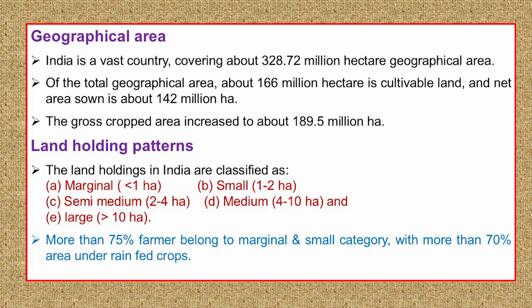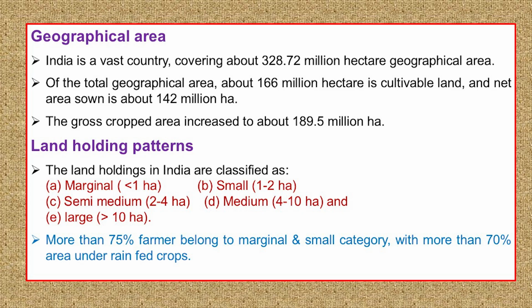Those holding between 1 and 2 hectares are referred to as small farmers. Semi-medium and medium farmers have landholdings of 2 to 4 hectares and 4 to 10 hectares respectively. Farmers with more than 10 hectares are called large farmers.